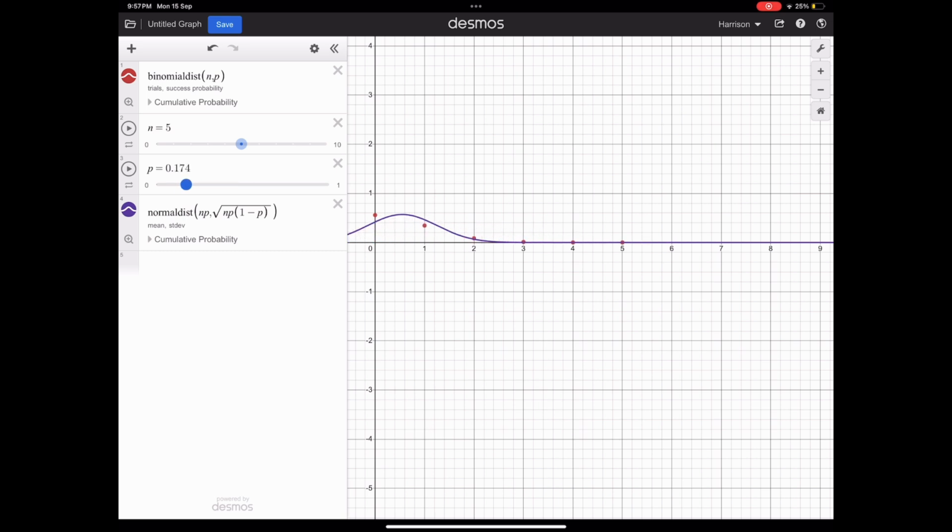And notice as I move the probability further away from 0.5, the distributions match less well.